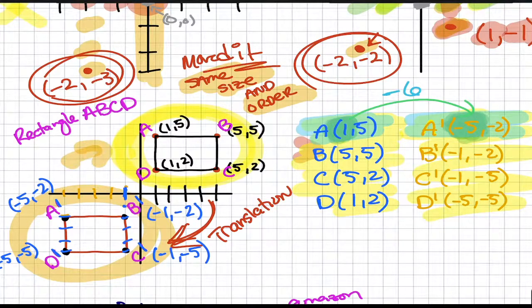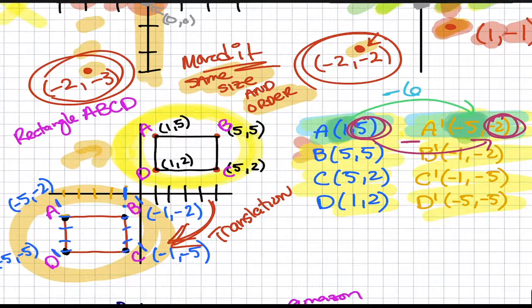Now, my second question, let's figure out how you went from 5 in Y to -2. So how did you go from a 5 to a -2? Would you add or subtract? Okay, take a minute. Okay, hopefully you said you subtract. So you have to subtract to go from 5 to -2.